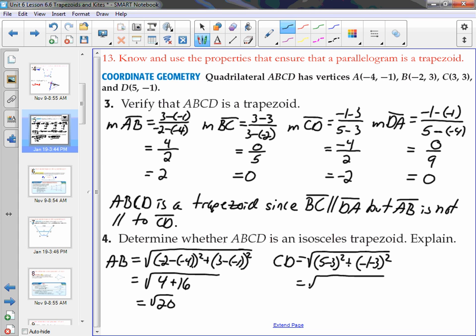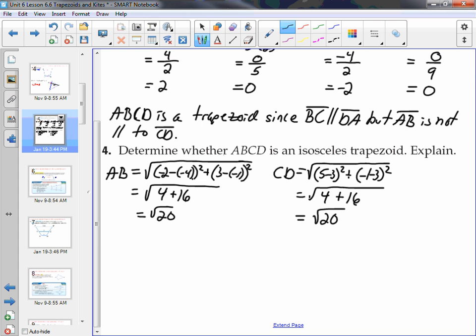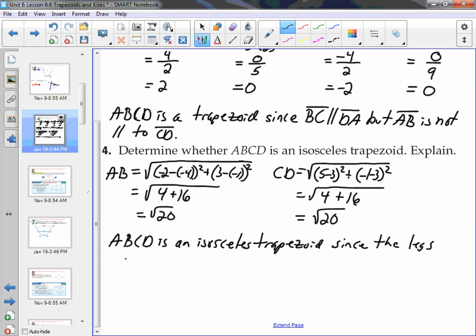So that'll be 2 squared is 4. That'll be -4 squared is 16. So that's also the square root of 20. So ABCD is an isosceles trapezoid since the legs are congruent.